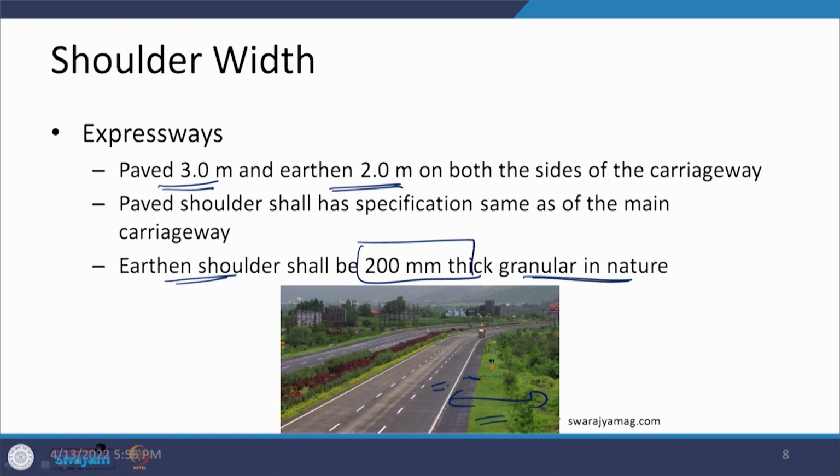So, this is the way the shoulders are going to be provided on the side of the carriageways, and that has to be on either side of the carriageway. It is not only on one particular side that we are going to provide it. Depending on the conditions in the center, the type of median etc. which has been provided, some changes are going to be there in those.